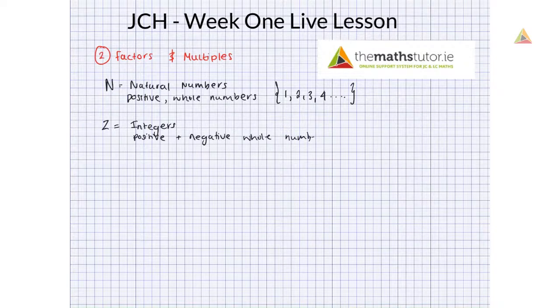I'm just going to give an example. We say -5, -4, -3, -2, -1, 0, 1, 2, and so on. So they have to be positive and negative. They have to be whole numbers. So you couldn't have -1.5 or 2.3. It has to be a positive or negative whole number.